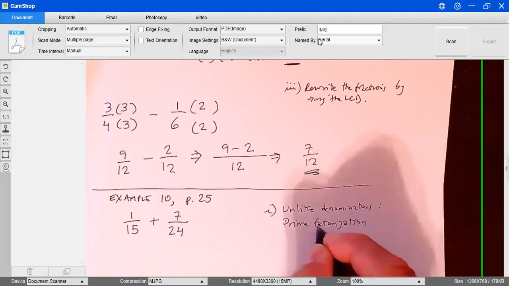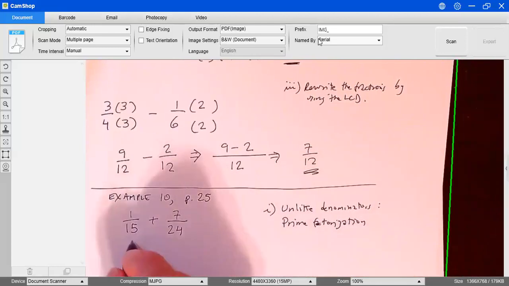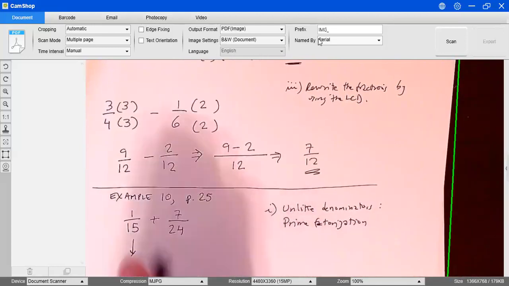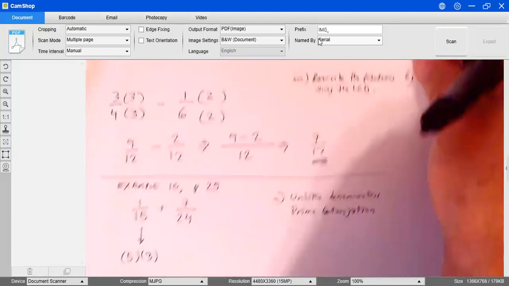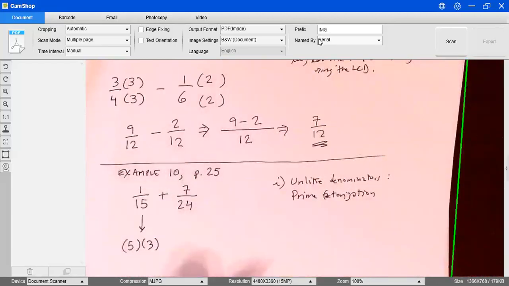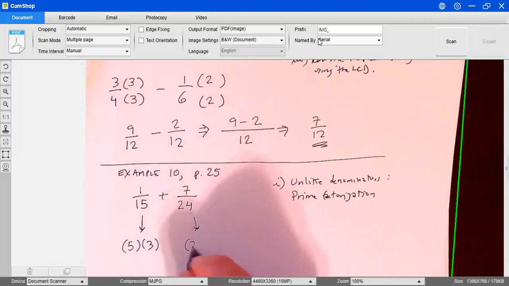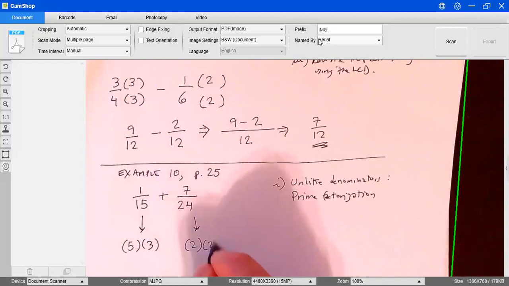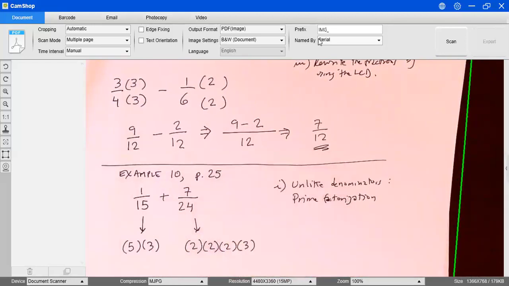We need a prime factorization of this denominator. So let's find that. This is just 5 times 3. 3 and 5 are prime numbers, so that's sufficient for us. What about 24? 24 is 2 times 2 times 2 times 3.